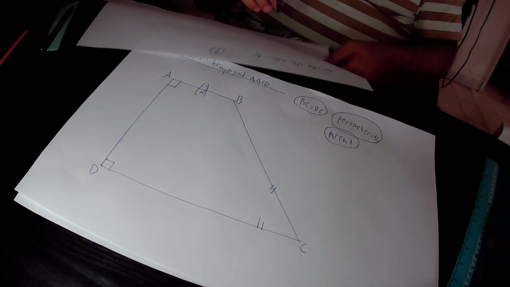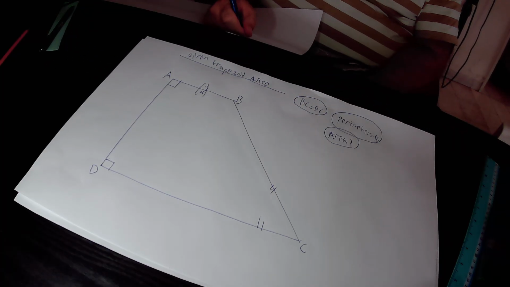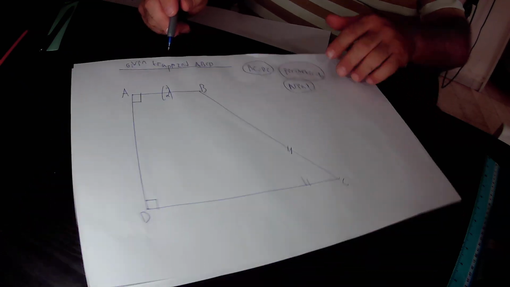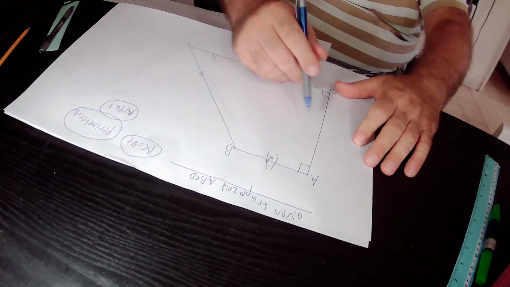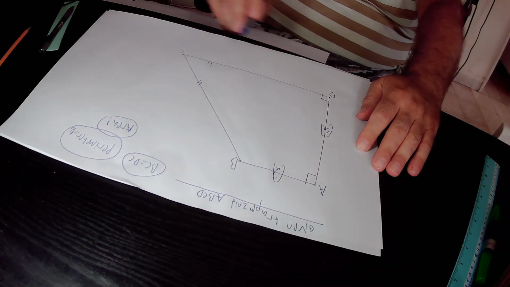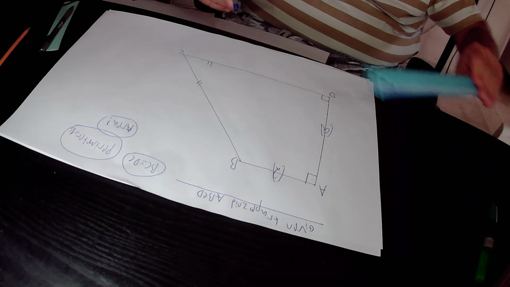AB is 2 plus AD. We define the length of side AD as a, and we define the length of side DC as b.